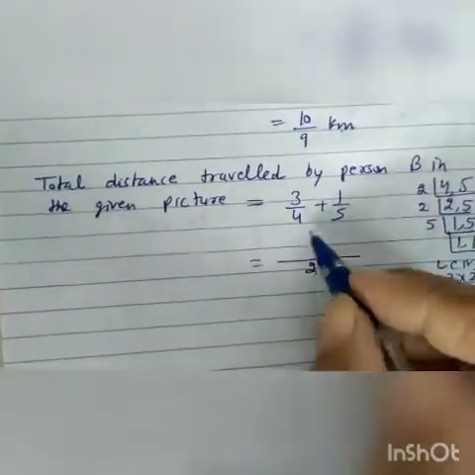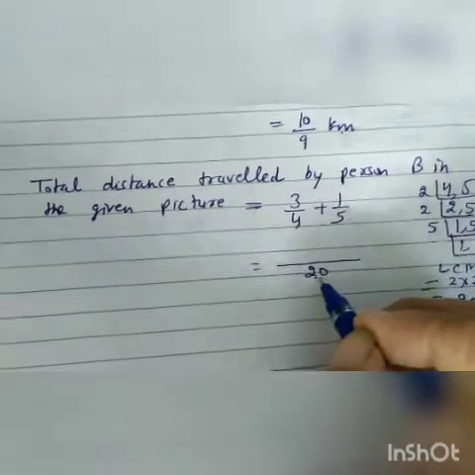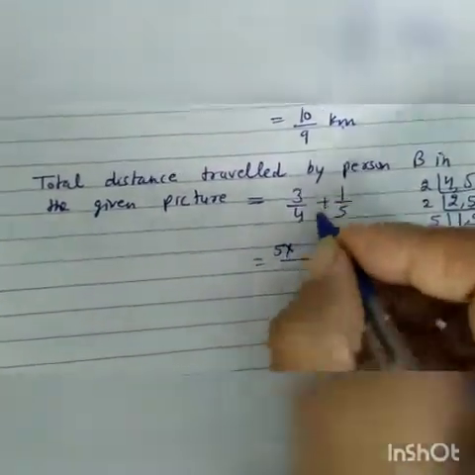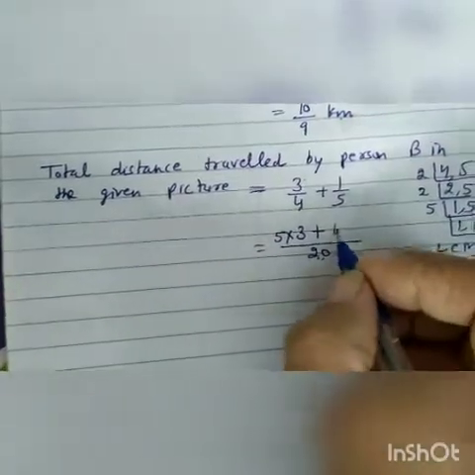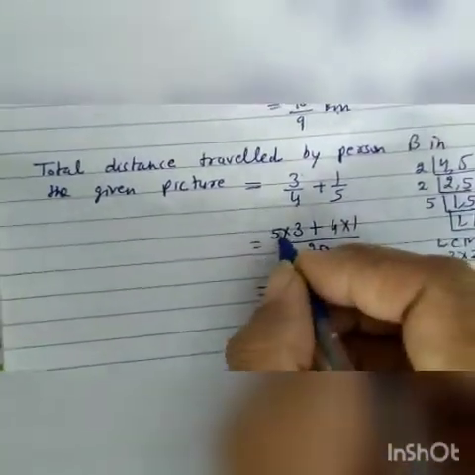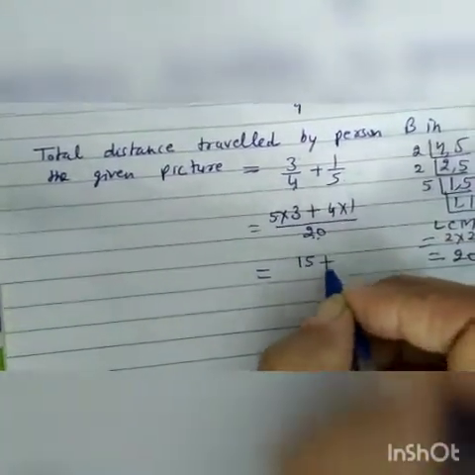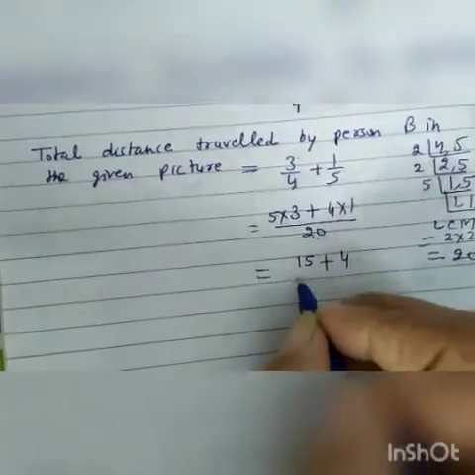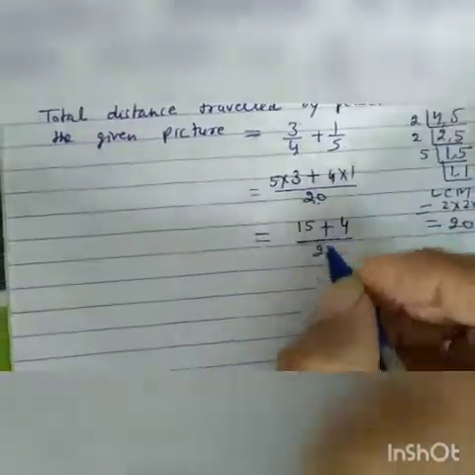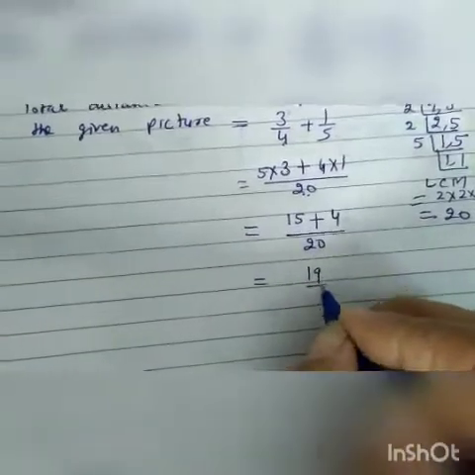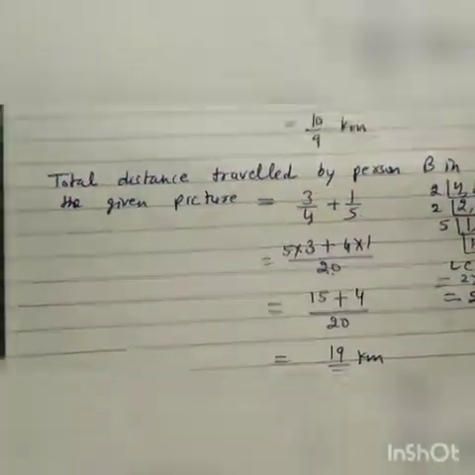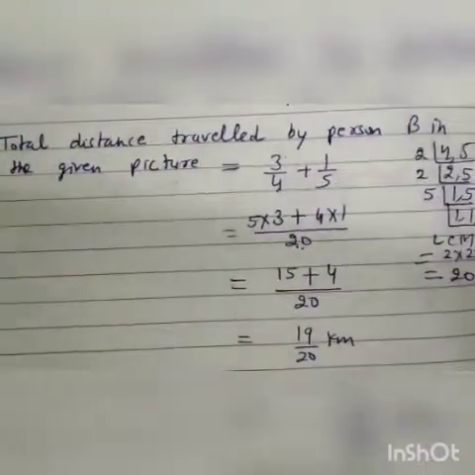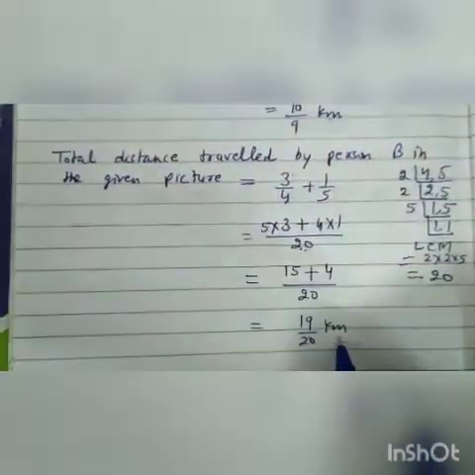Now divide this 20 by this 4, 4 fives are 20. So we write 5 into 3 plus, 5 fours are 20, 4 into 1. 5 threes are 15 plus 4 ones are 4 upon 20. It is 19 upon 20 kilometer. So distance travelled by person B is 19 upon 20 kilometer.